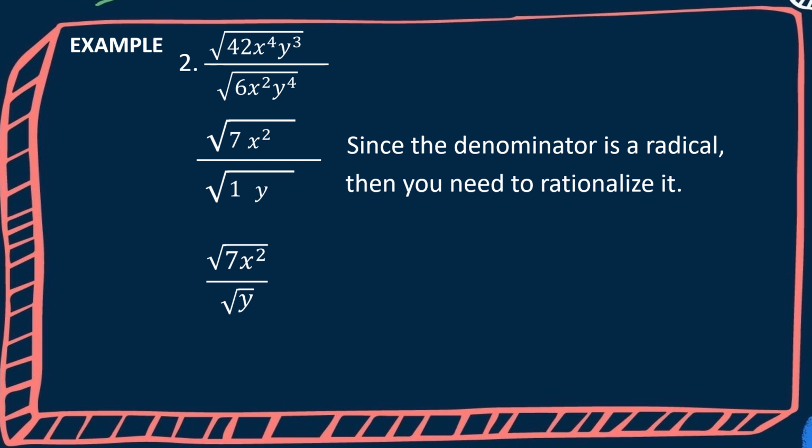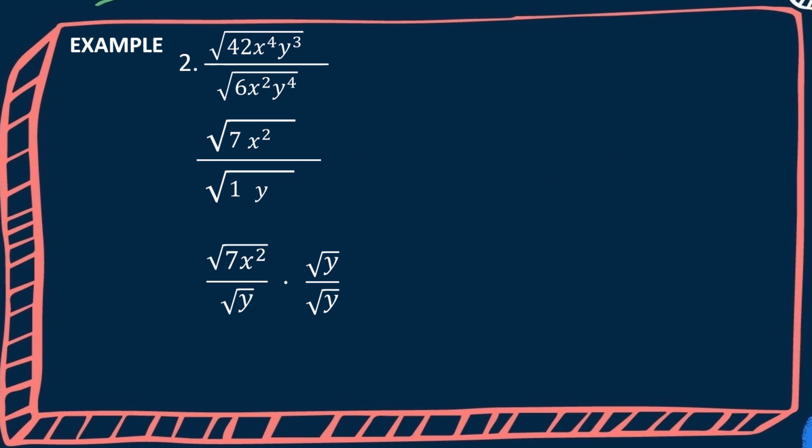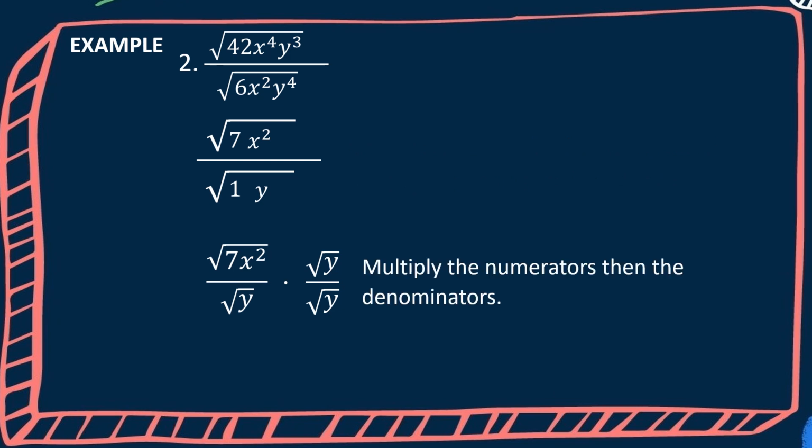We copy square root of 7x squared over square root of y. Then we multiply square root of y over square root of y. We now multiply the numerators, then the denominators.